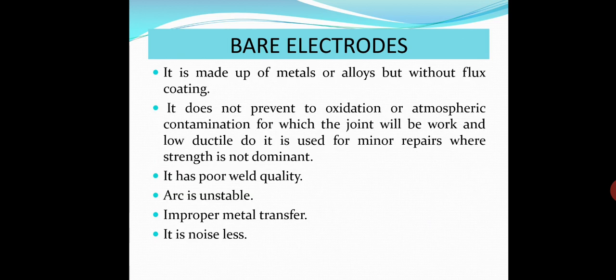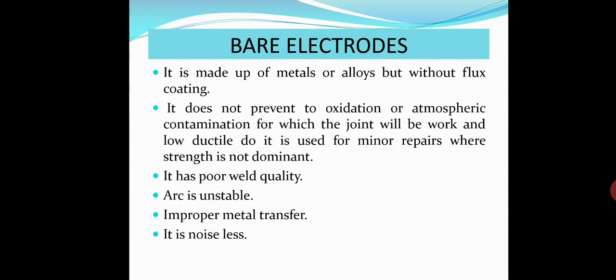So the consumable electrode is of two types. One is the bare electrode and the other is the flux coated electrode. A bare electrode is made of metals or alloys but without flux coating. As there is no flux, it does not prevent oxidation or atmospheric contamination. We have already discussed that the use of flux is to prevent oxidation and to create a slag.